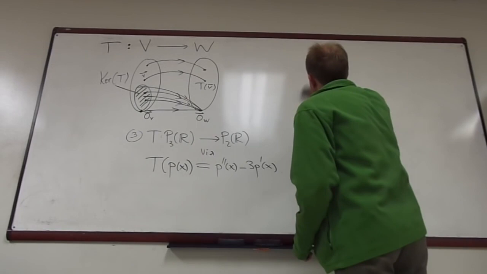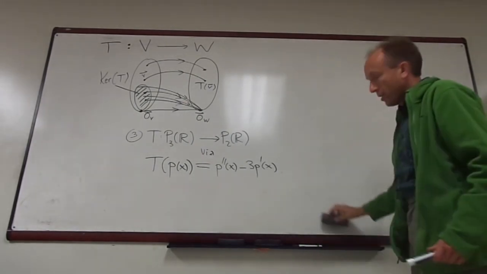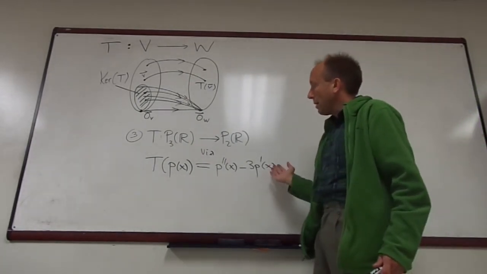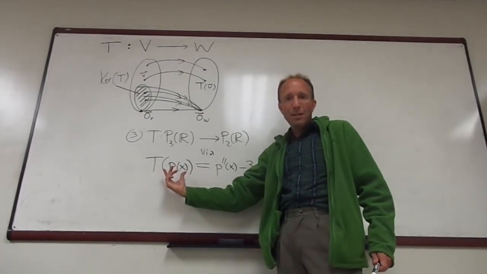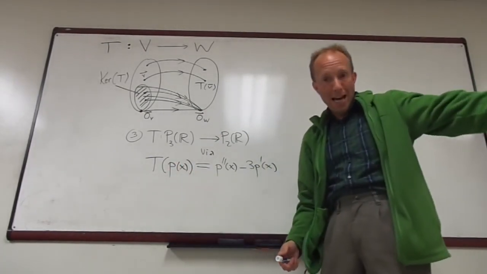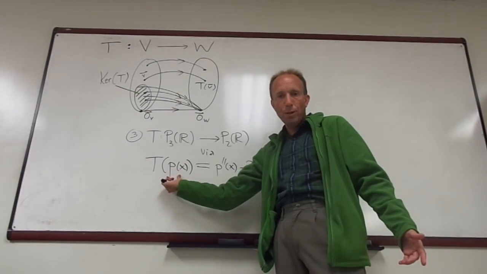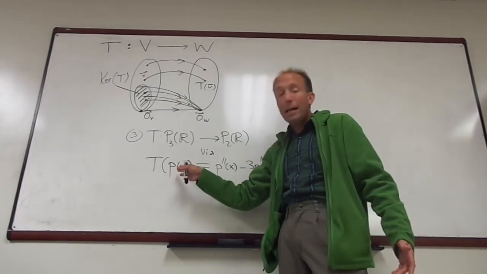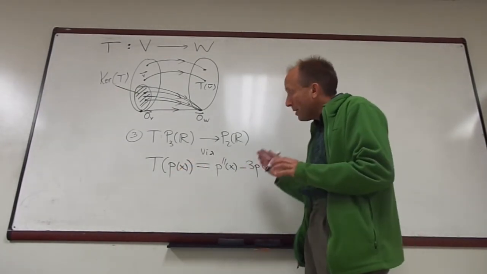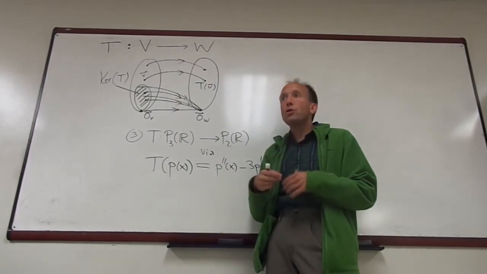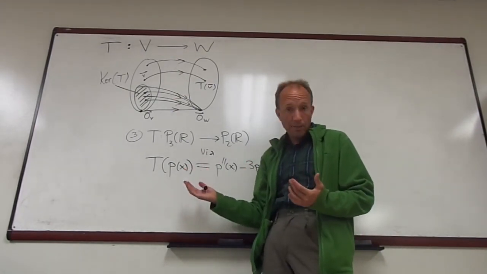Now, in this case, this is a little bit harder because I didn't write out the polynomial in terms of powers of x. I wrote it kind of in this very simple abstract form. This simple abstract form actually is an advantage when you're showing that T is linear.